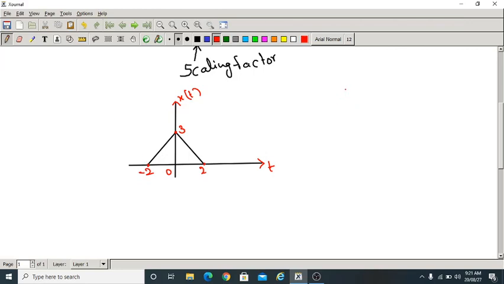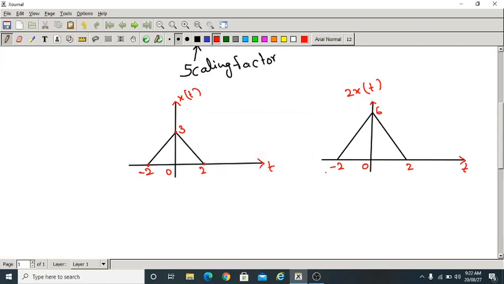Now if I want the signal 2 into x of t, then the signal will be like this. Only amplitude of the signal changes.